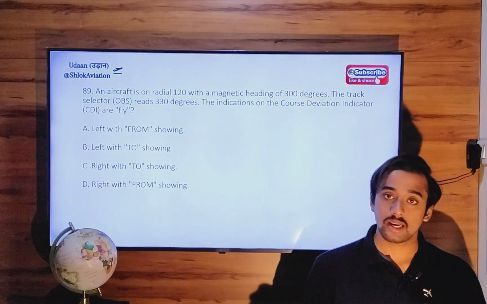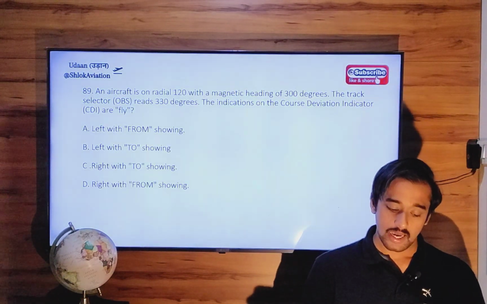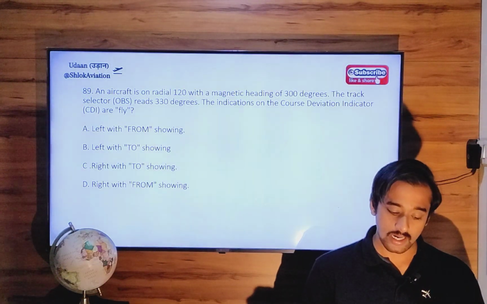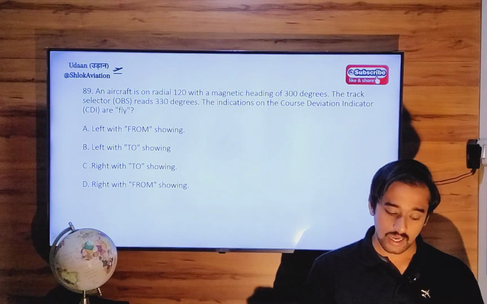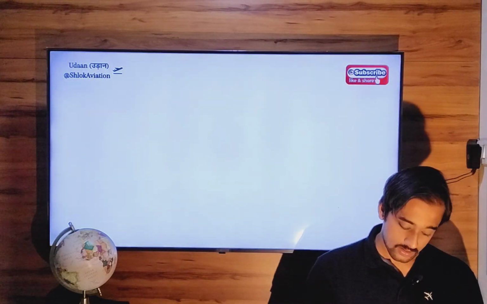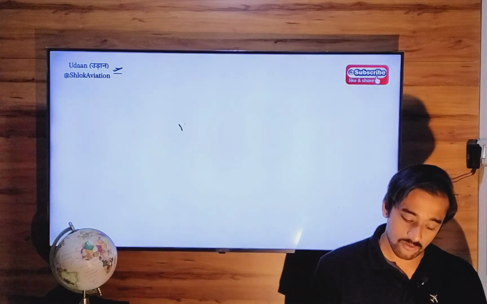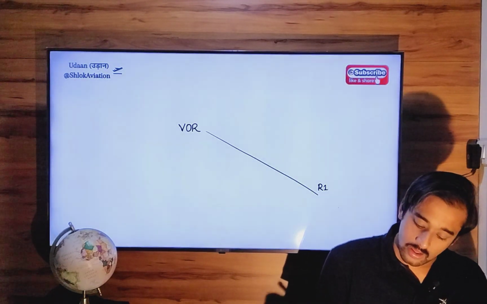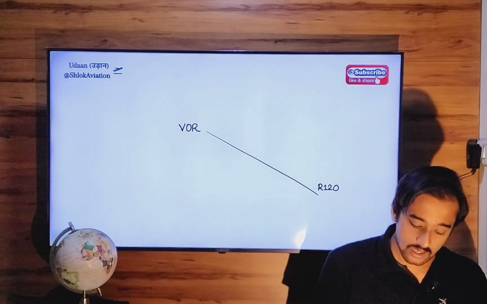Question 89. Aircraft is on a radial 120 and heading is 300. The track selector reads 330. The indications on the CDI will be what? So very simple. This is your VOR station. You are on radial 120 and heading of aircraft is 300.